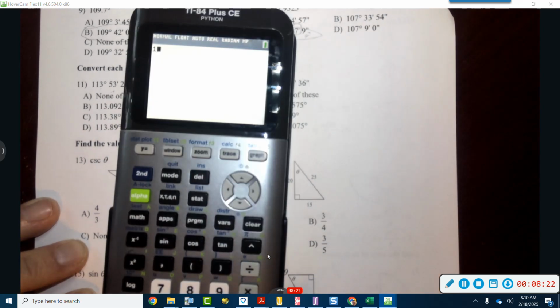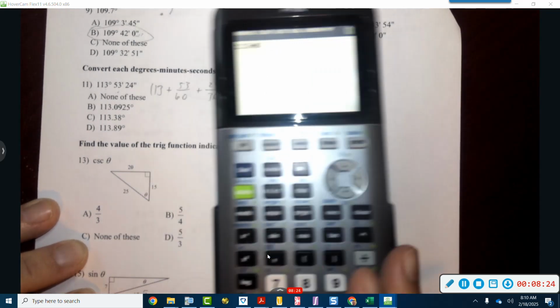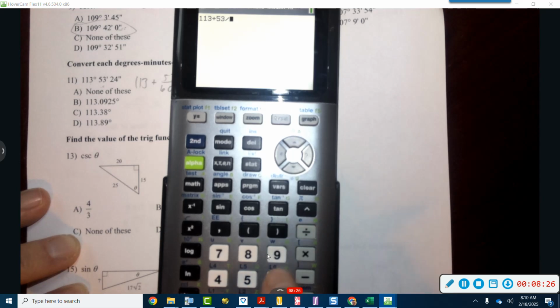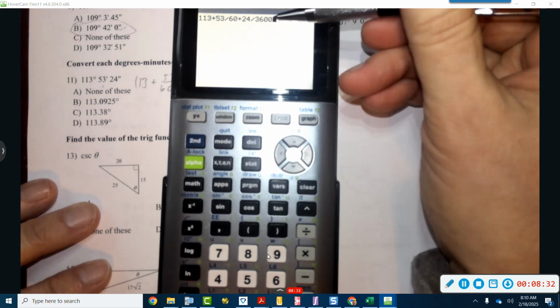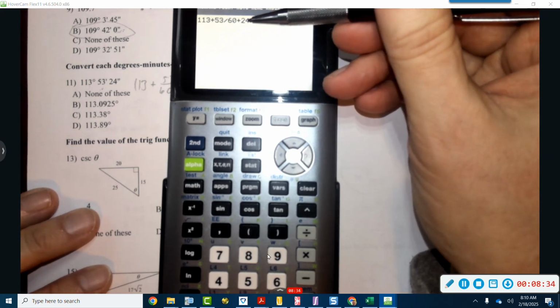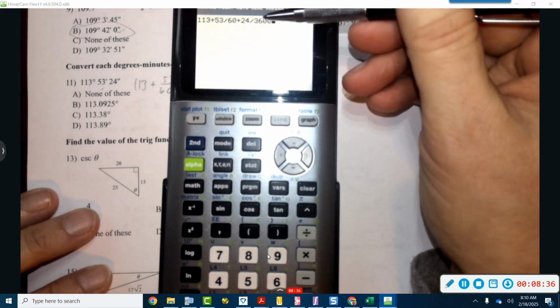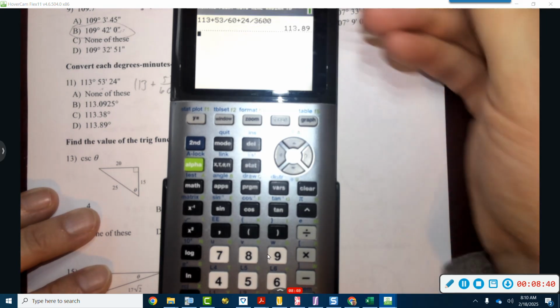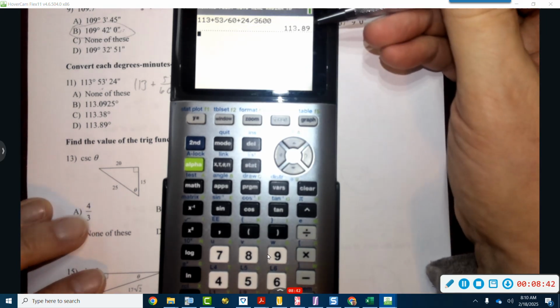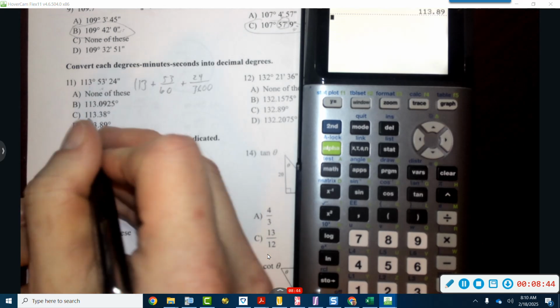We're going to go 113 plus 53 divided by 60 plus 24 divided by 3,600. Now we've got to do this because this is the portion of what seconds are for a complete degree. Now it should give me decimal, and that's great. So I do get 0.89, and that's exactly what we get.